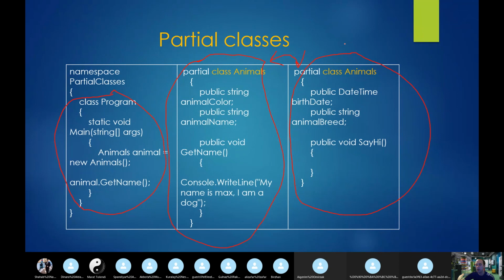I noticed that the partial class is mostly used in ASP.NET applications, in web applications. When you use the models and the controllers, they can be classes with the same names, and they are usually partial.